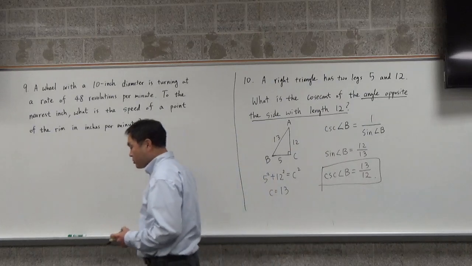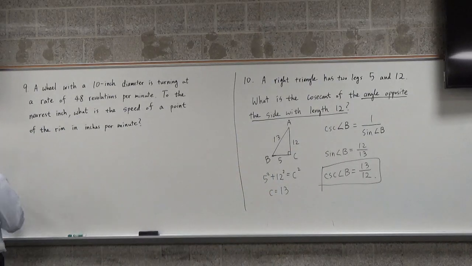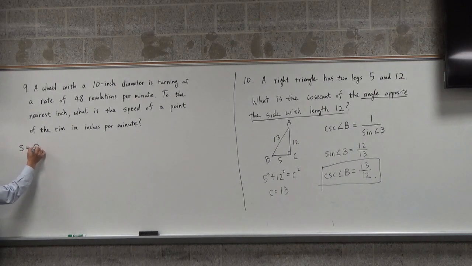Now it uses the formula s equals r theta. Do you remember it? It's really s equal to theta times r. Okay. And the accompanying formula is area is equal to 1/2 s r. It's like 1/2 base times height.